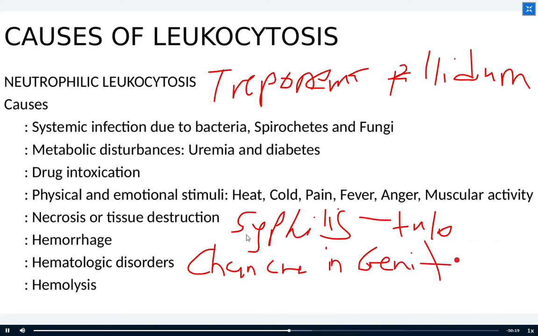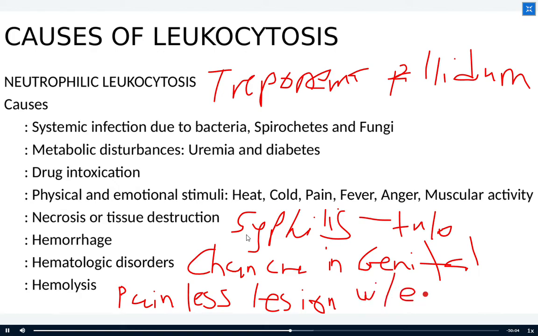Now, yung chancre nyo class would be characterized by a painless lesion with even edges. So please take note of that. Now, whenever you have your syphilis class, your spirochetes would cause your neutrophils to become increased.